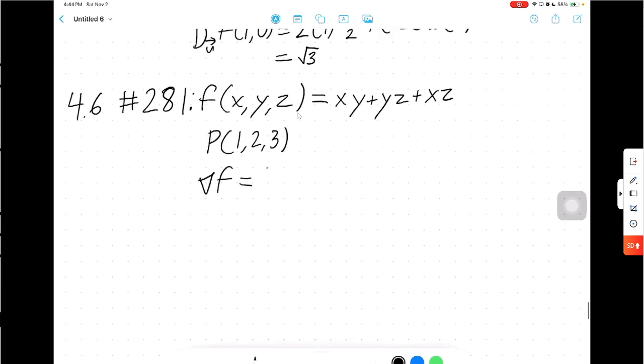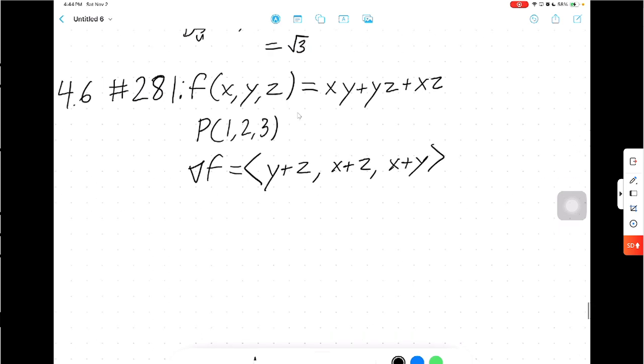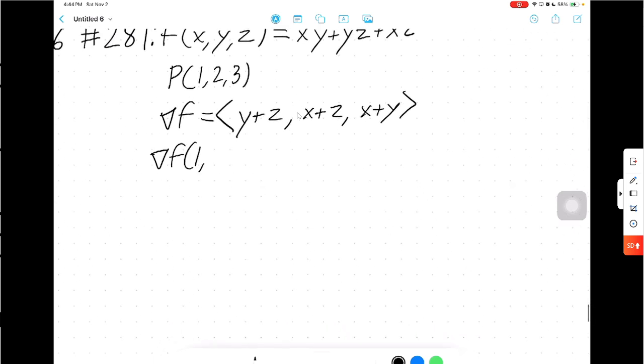So first let's find the gradient of f, which is going to be the partial derivative of this whole thing with respect to x, which is y plus z, times i, plus the partial derivative with respect to y, j. I'm using the bracket notation here, so it's a little bit easier. And the partial with respect to z. Partial f evaluated at 1, 2, and 3 is going to be 2 plus 3, 1 plus 3, 1 plus 2, like this: 5, 4, 3.